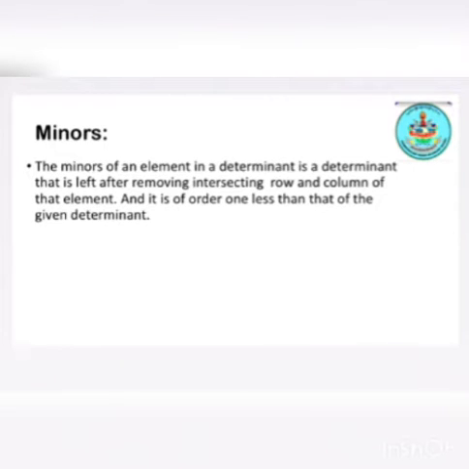For example, we have a determinant of third order: A1, B1, C1, A2, B2, C2, A3, B3, C3. So let us say that these are the elements of the determinant. In general, we show minor as Mij, which means minor of that particular row and column.